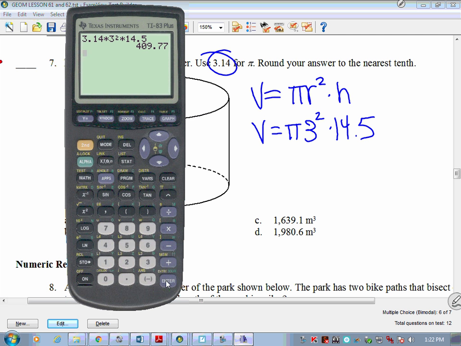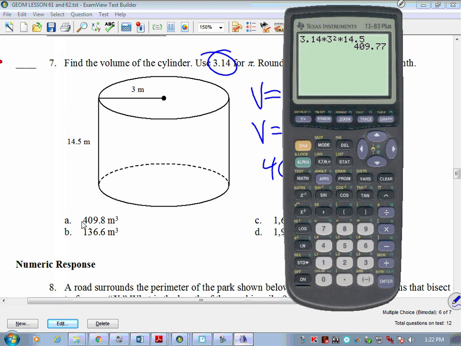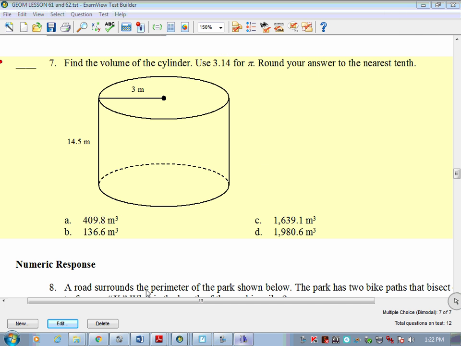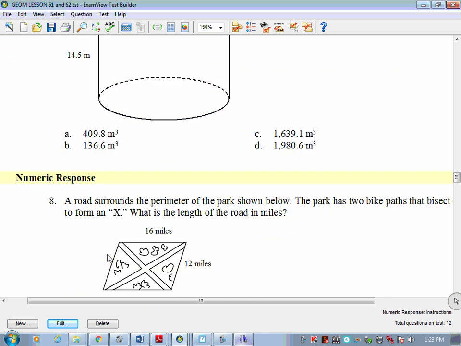So our answer is going to be 409.8 meters cubed. Let's see if there's a matching answer for that. And it is A. Again, you see how much easier it is whenever we write down our formulas and then substitute into the formula. So you need to know these formulas.